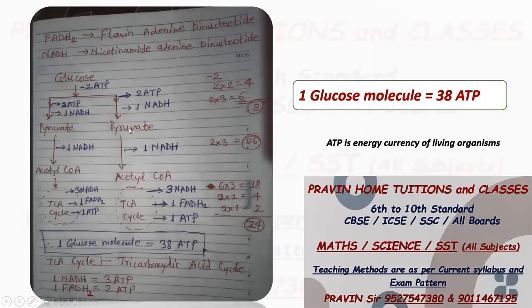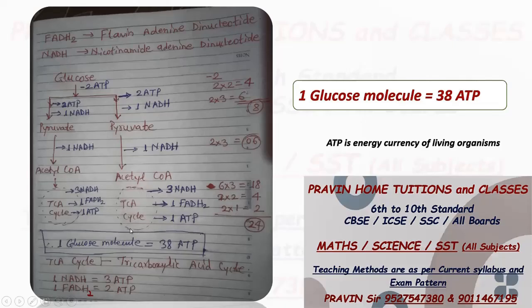Then pyruvic acid is again broken down into acetyl coenzyme A. This reaction releases one NADH molecule. Then acetyl coenzyme A goes further into the TCA cycle, that is the tricarboxylic acid cycle, and undergoes a series of chemical reactions.